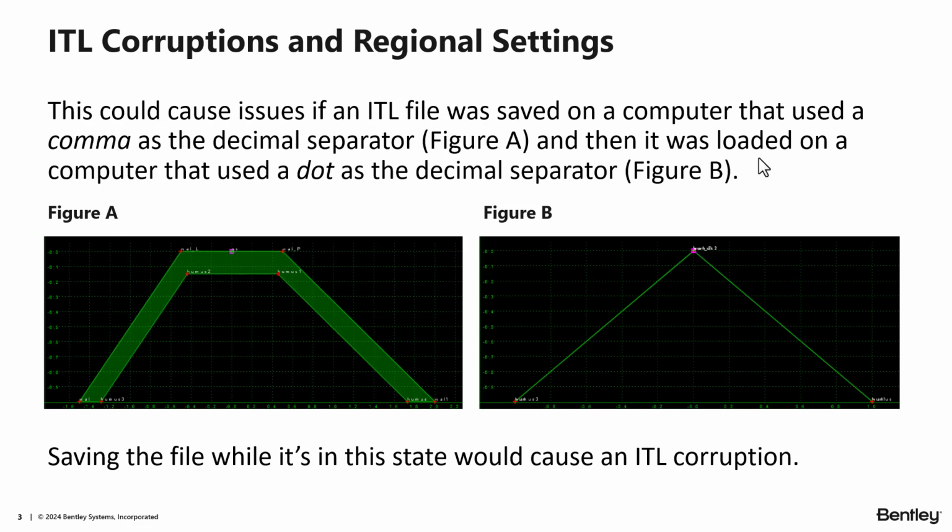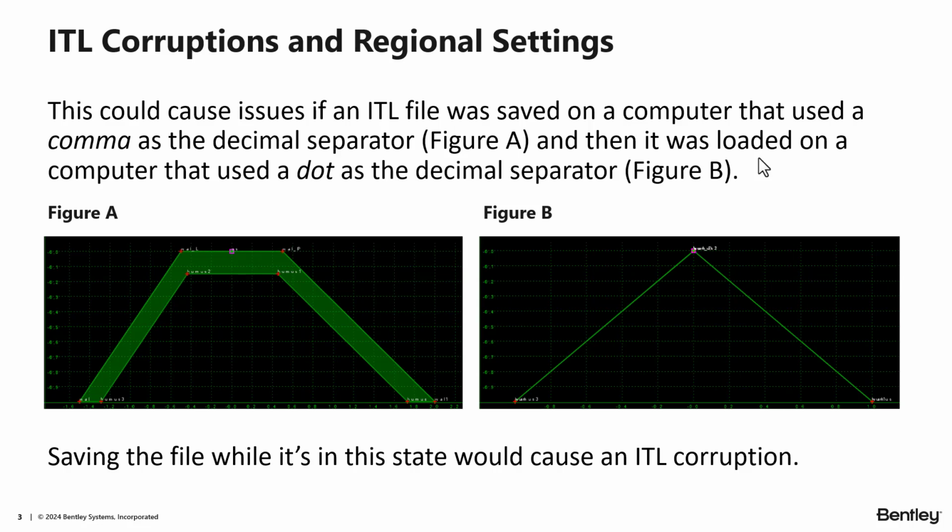Now, it could cause issues if you had an ITL that was saved, let's say, on one computer that used a comma as a decimal separator, and then you loaded that same ITL file on another computer that used a dot as the decimal separator.